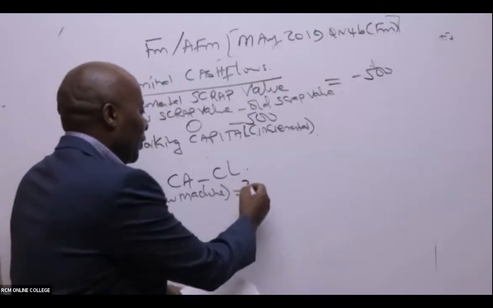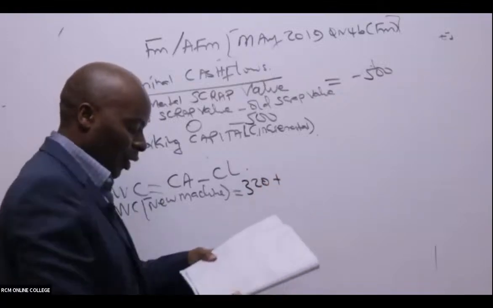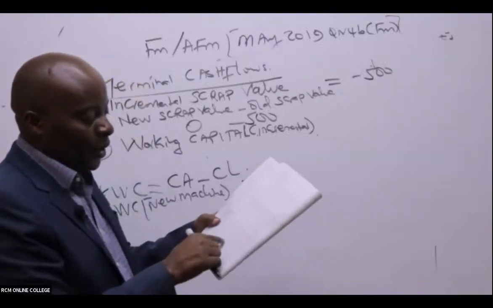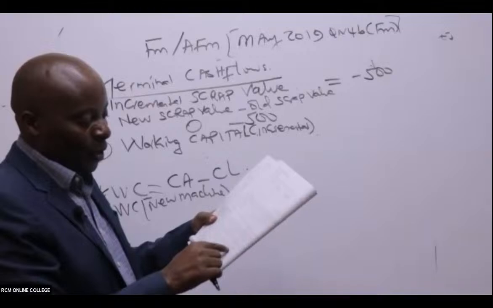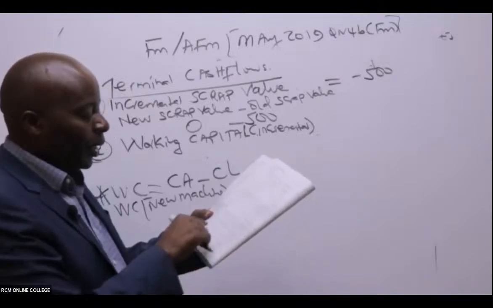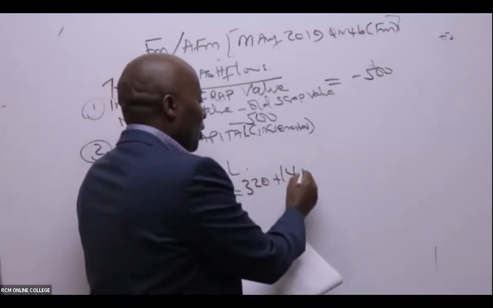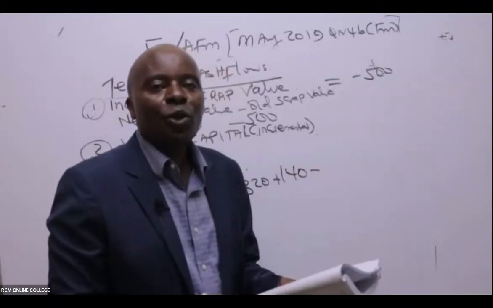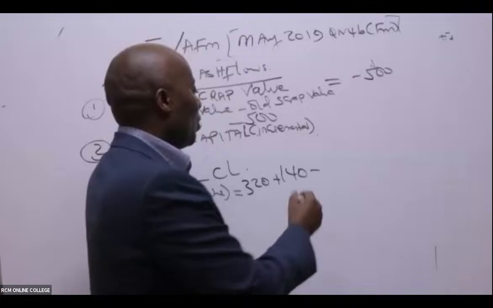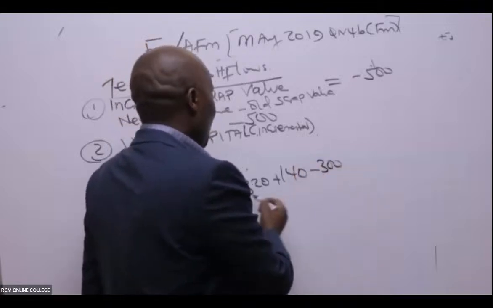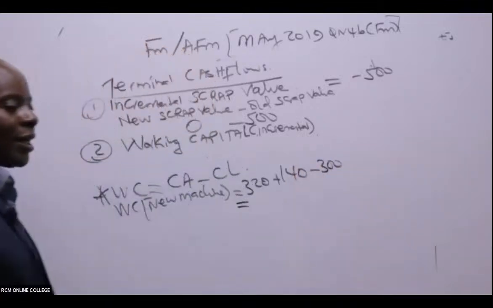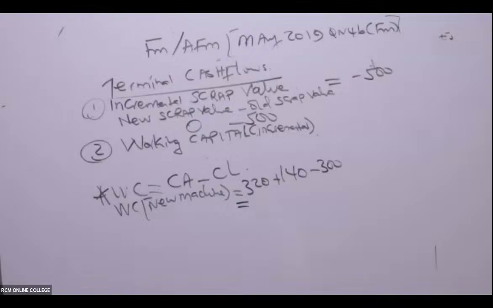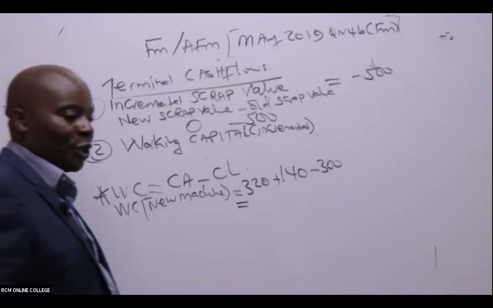In inventory, the new machine is expected to increase sales, whereby debtors would increase by 320. Inventory will increase by 140, minus creditors, those are liabilities, 300. So this will give me what figure as my working capital for the new machine?